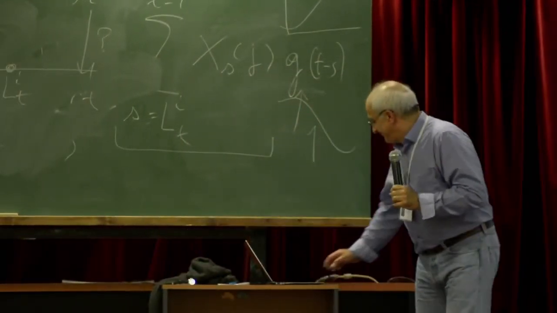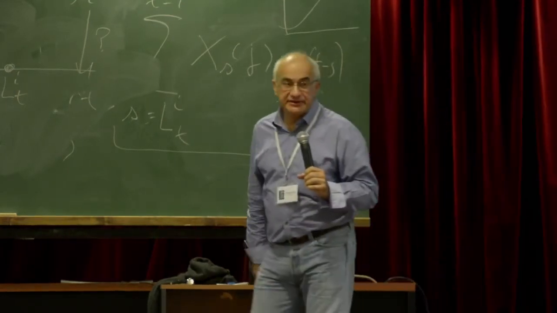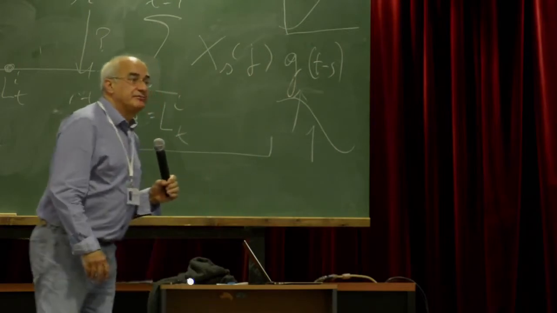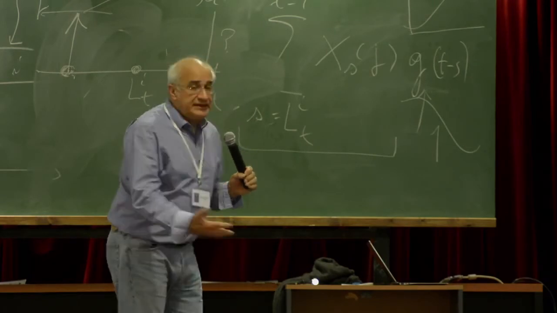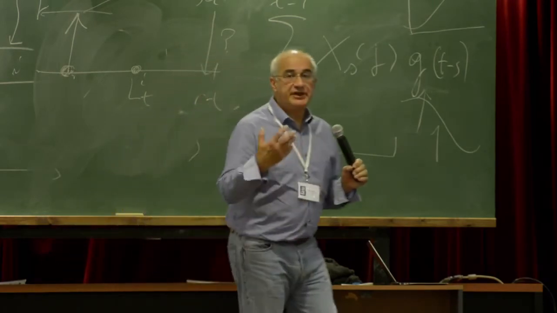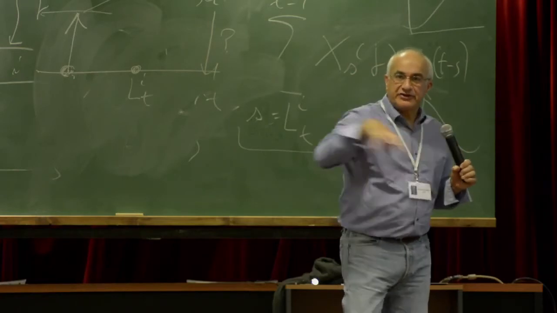I tell you now something about the next steps. I'll be right in time. So next steps. Well, the first step is hydrodynamics. There is a first paper in this direction by Eva, Anna De Masi, Enrico Presutti, and myself. And why is this important? Well, if you want to describe EEG time evolution, or functional magnetic resonance imagery time evolution, you need to do some global picture, some kind of local mean field models, mesoscopic models.